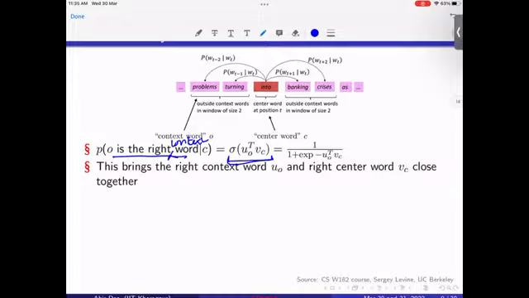If it is the right context word, it is close to the center word, and if the center word and the context word are close, their representations will be close. So you are just taking a similarity measure, the dot product between these two representations. U_O transpose V_C is just the dot product, and if it is a high value, then the similarity is high, otherwise it is low.